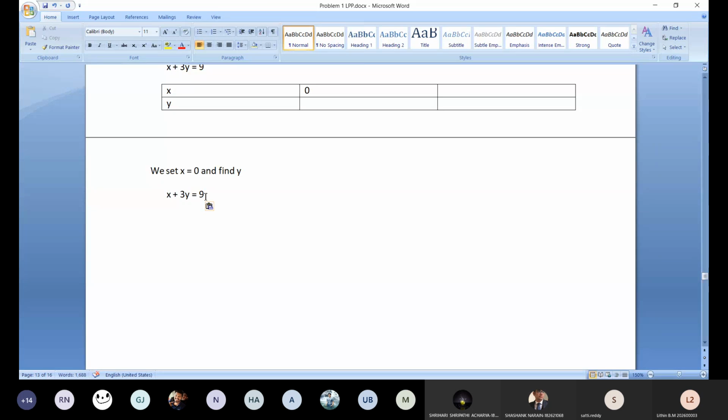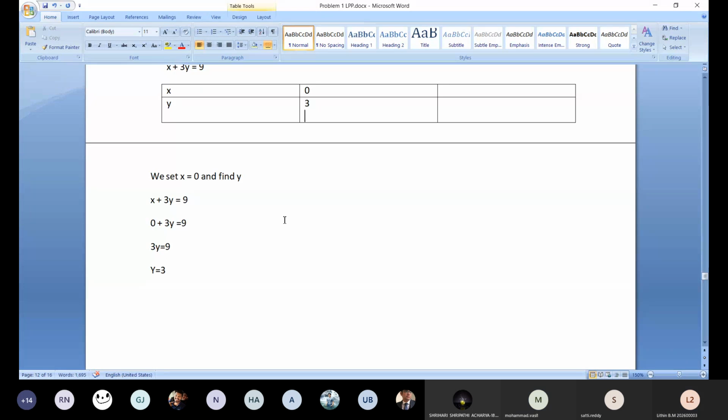In the place of x, I'm writing 0 plus 3y equals 9. So 3y equals 9 and y equals 3, right? Yes.